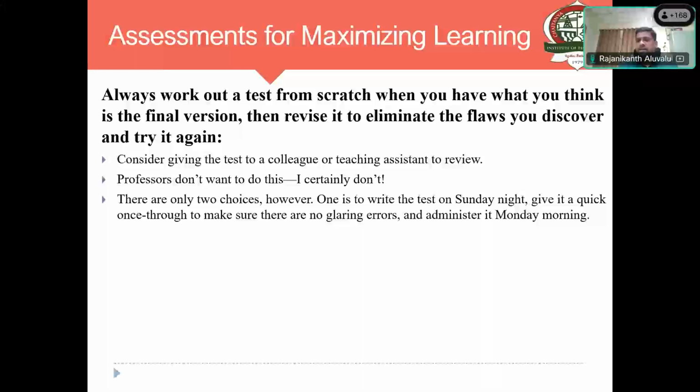One day you design and one day you spare for getting feedback on your own question paper. Without getting feedback, without convincing yourself, never put that assessment forward to a student. This is a practice we have to follow, and it really helps keep them motivated. Otherwise, if something goes wrong, they get demotivated as well.